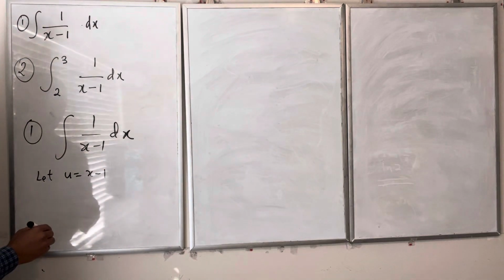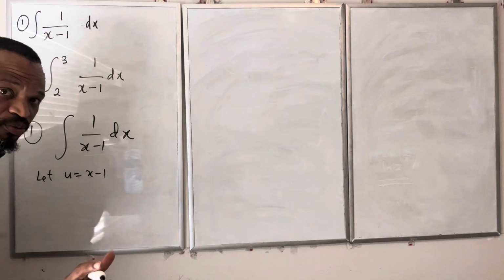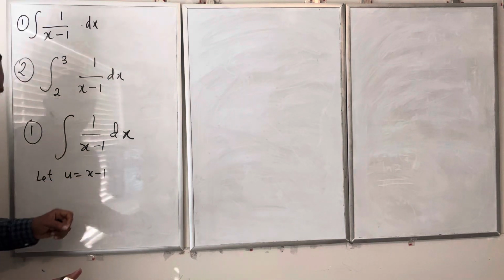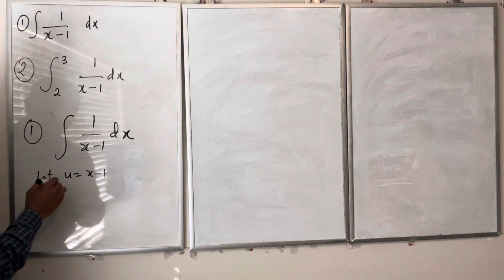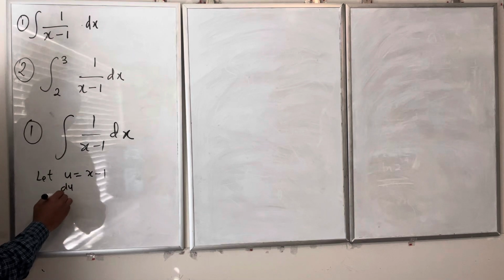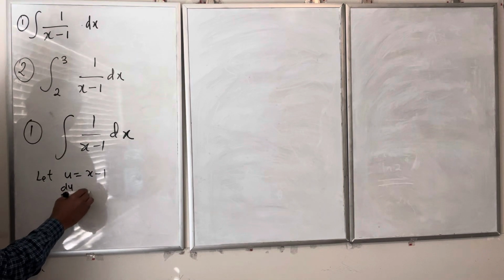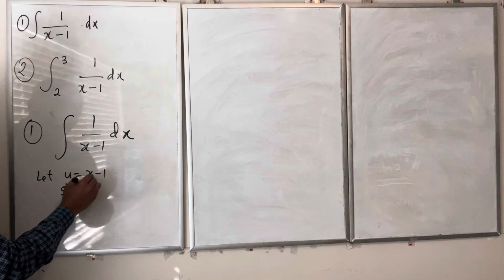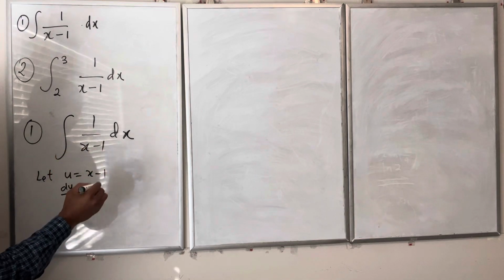So I've done a change of variable, which is u equals x minus 1. Now differentiate u with respect to x. Differentiate x, we'll have 1, differentiate minus 1, that's 0.